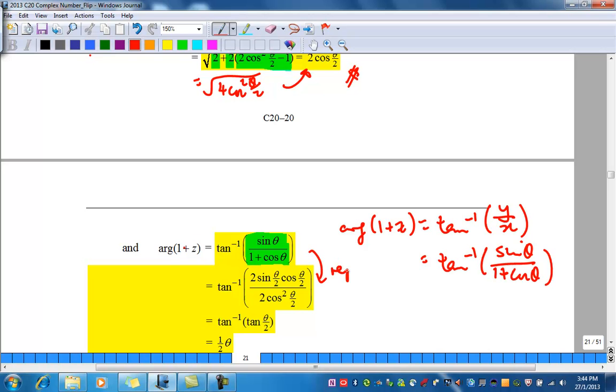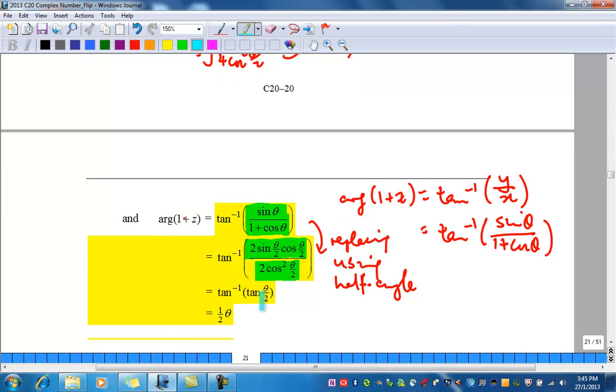Replacing using half angle, sine theta is equal to 2 sine theta over 2 cos theta over 2, and 1 plus cos theta will be 2 cos squared theta over 2 minus 1 plus 1. The 1 and 1 cancel out, and you end up with 2 cos squared theta over 2. By further simplification, you have tangent inverse of tangent theta over 2, and that will reduce to half theta, as shown.